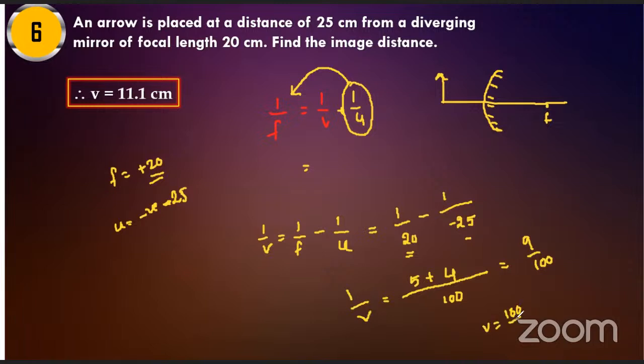Now simply divide: 9 elevens are 99, so the remainder is 1. 1 is not divisible, so take the decimal, and the remainder is 10. 9 ones are 9, again 1 remainder, and you will get 11.1. So 11.1 centimeters is the right answer. Let me stop the class here for today.